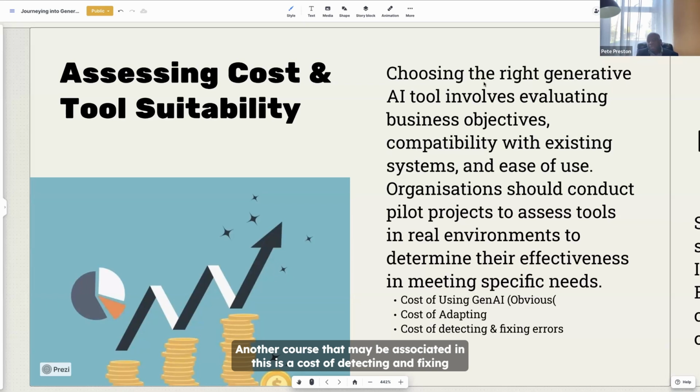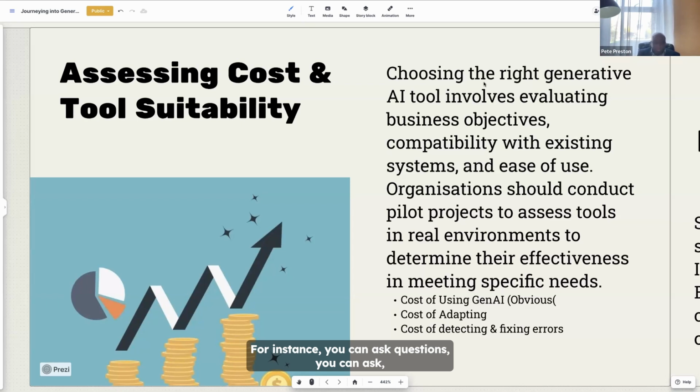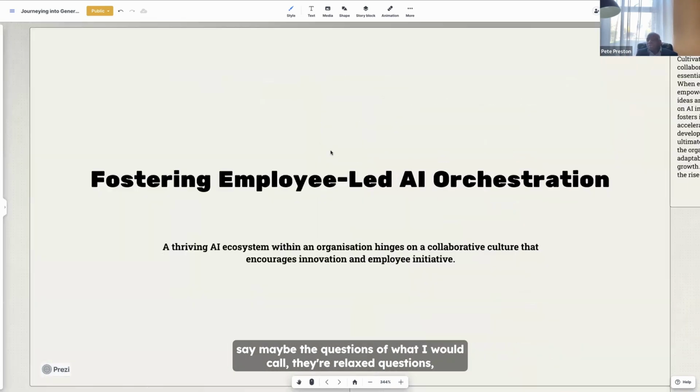Another cost that may be associated with this is the cost of detecting and fixing errors. And how critical are the errors? For instance, you can ask questions that I would call relaxed questions, strict rules questions, and really, really strict ones.